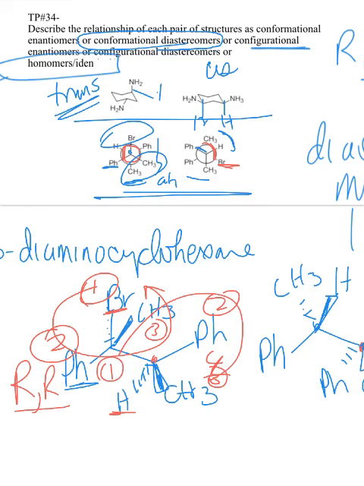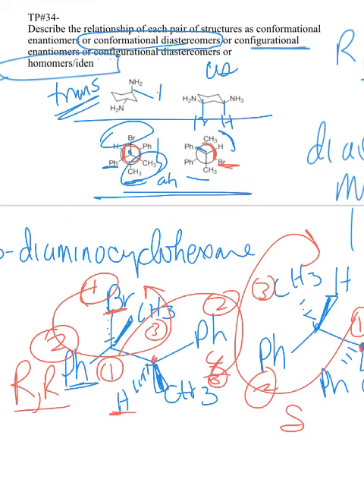And then here you have 1, 2, 3, and that's R, but you've got the hydrogen coming at you, so you have to flip that to S. And then here, bromine's going to be 1, phenyl will be 2, this will be 3, and that's R, but the methyl needs to go in the back, so you'll do the backwards rule, so that's S.